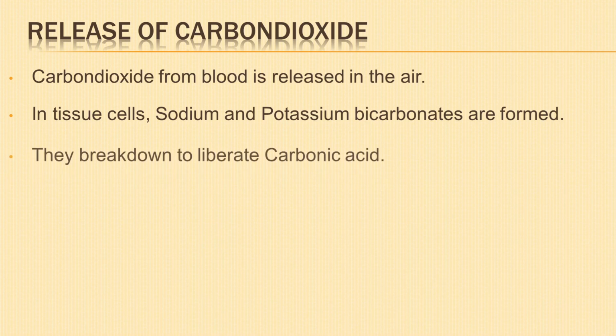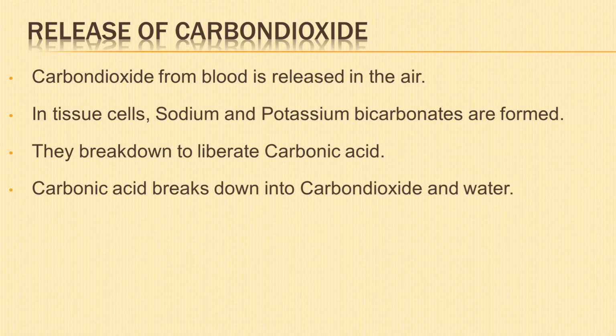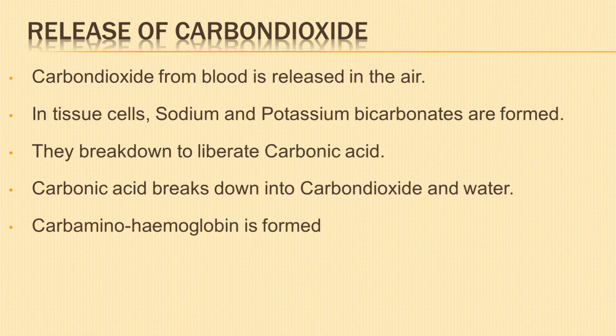They break down to form carbonic acid. Carbonic acid breaks down into carbon dioxide and water in the presence of carbonic anhydrase. Carbaminohemoglobin is also formed. It releases carbon dioxide.